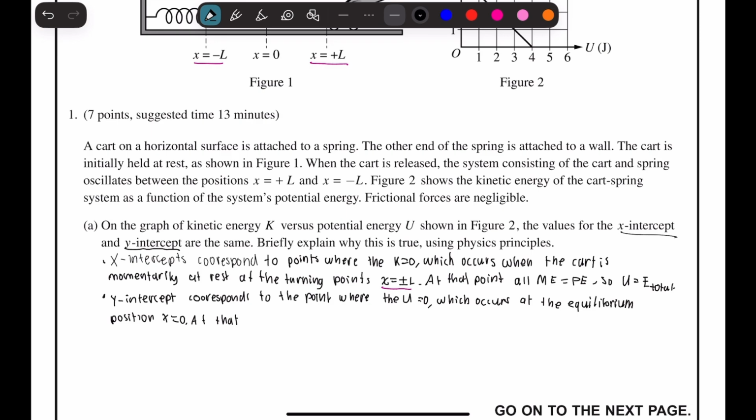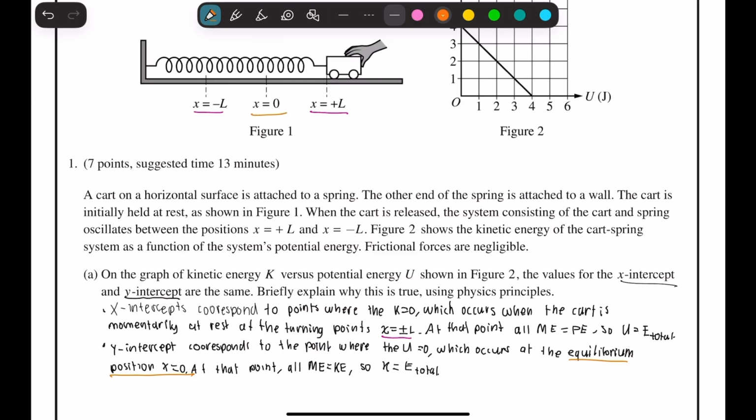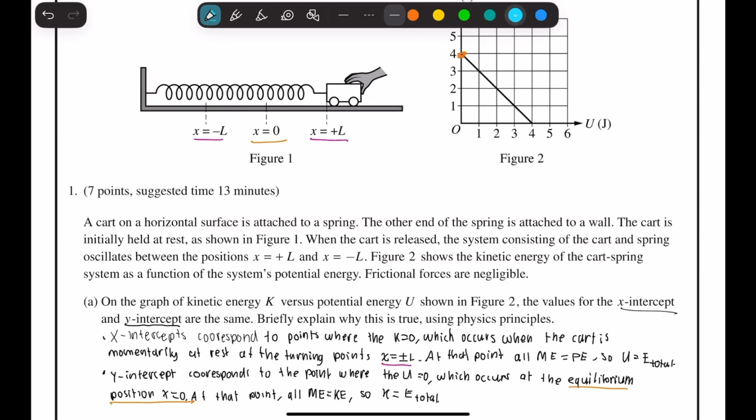Now at that point, all mechanical energy is equal to kinetic energy, so you can write that K at that point is equal to E total. So this was at the equilibrium position, x is equal to 0.